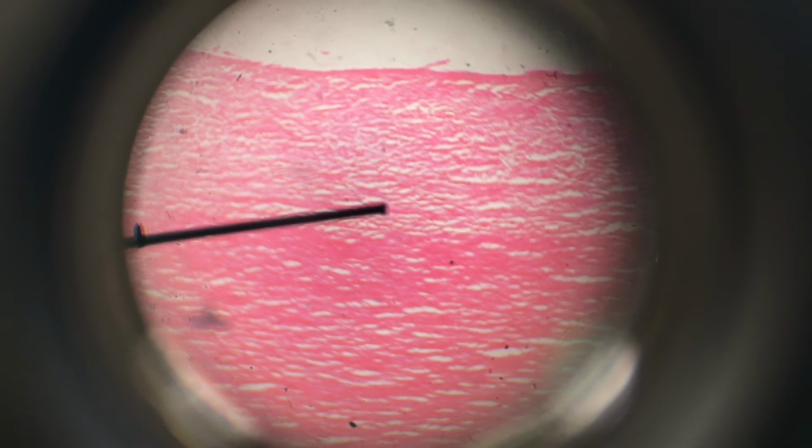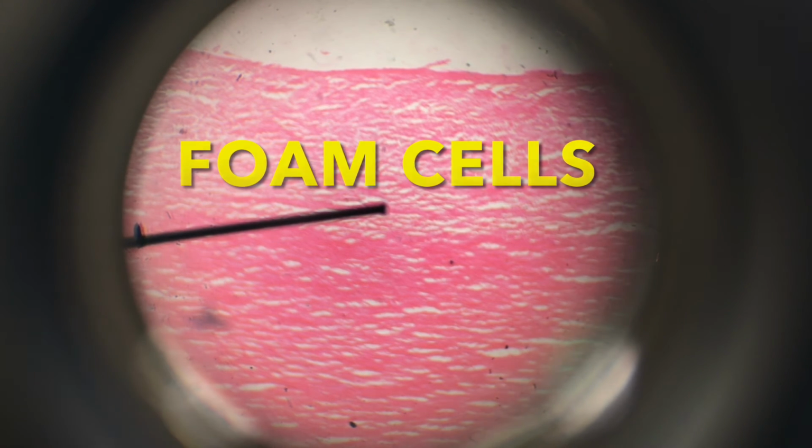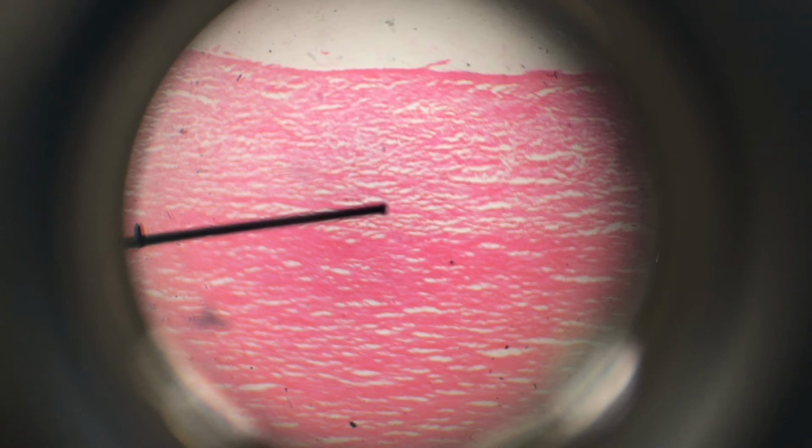There is deposition of cholesterol material inside the smooth muscle cells and macrophages. A foam cell is basically a lipid-laden smooth muscle cell or macrophage, and it forms the macroscopically visible fatty streak. It shows fatty streaks and plaques, which are characteristic of atherosclerosis.